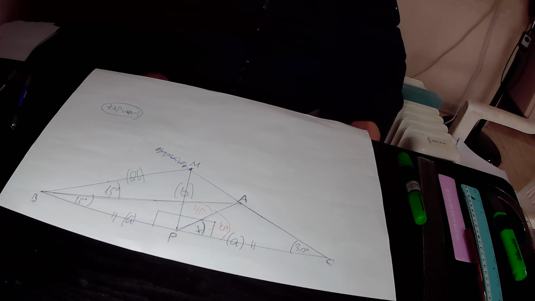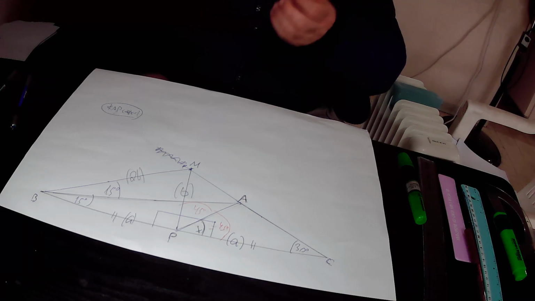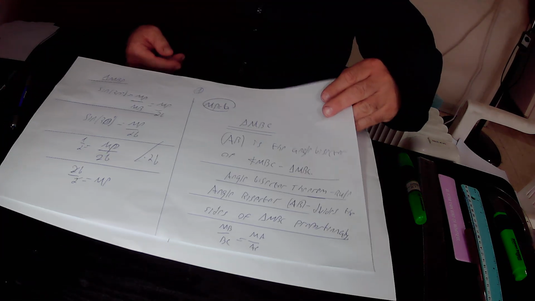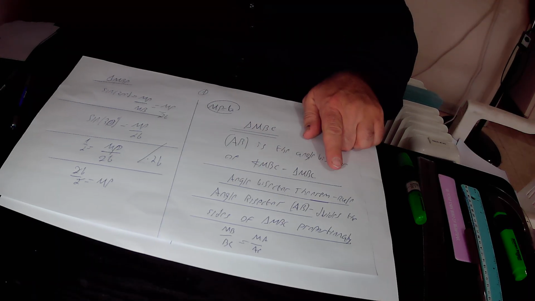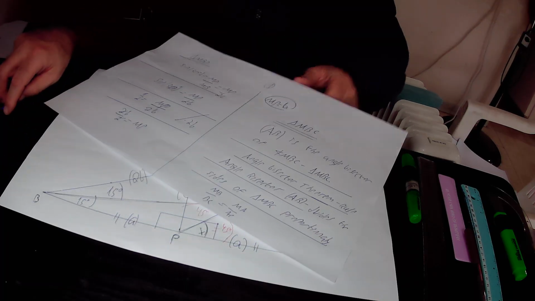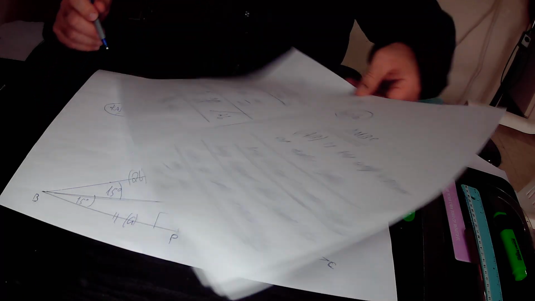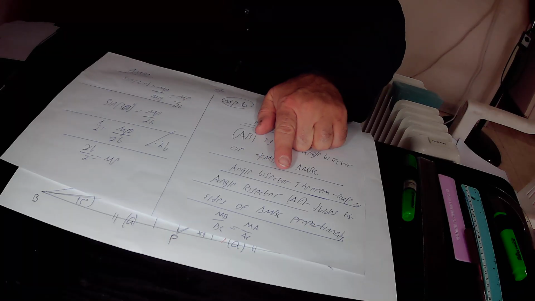According to the angle bisector theorem, which is also defined as Rule 19, angle bisector AB divides the sides of the triangle proportionally.